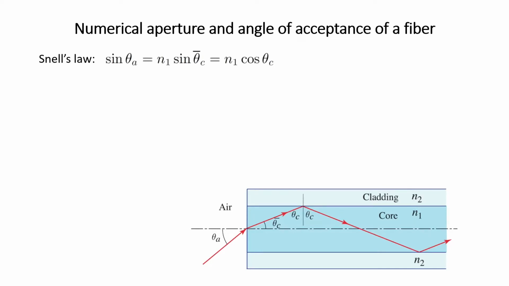Now, consider this figure. This is the incident ray, and the dashed line is the optical axis, which is the axis of the fiber as well. I have called the incident angle theta A. The refracted light into the core makes an angle theta c bar with respect to the optical axis.